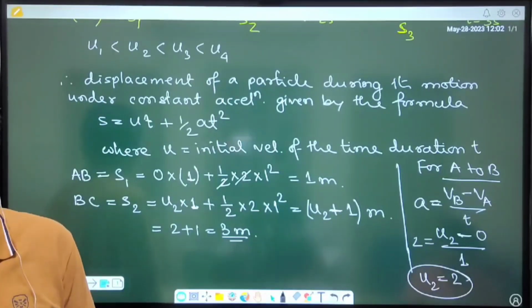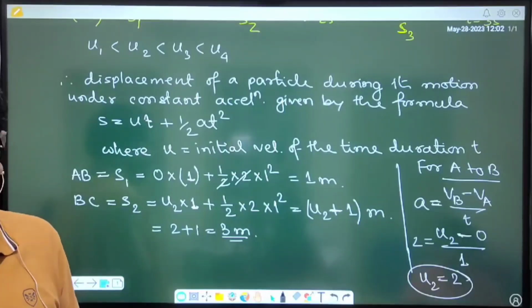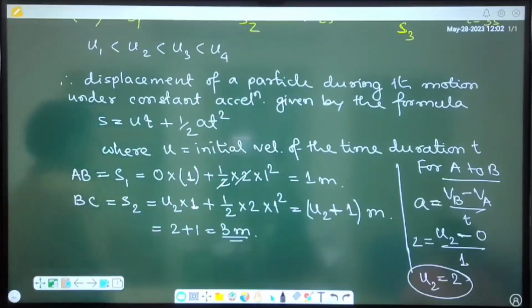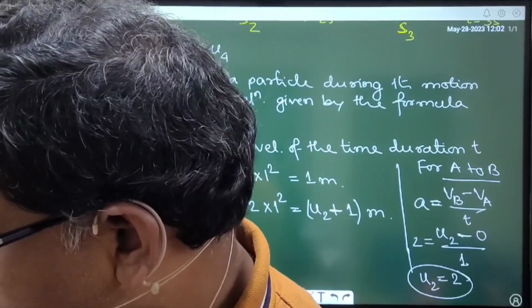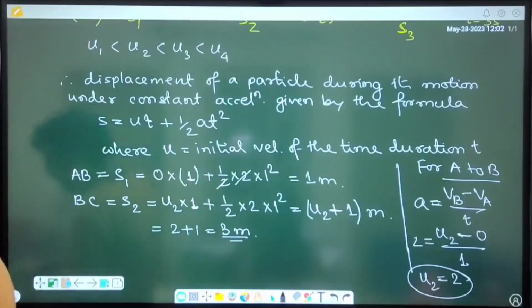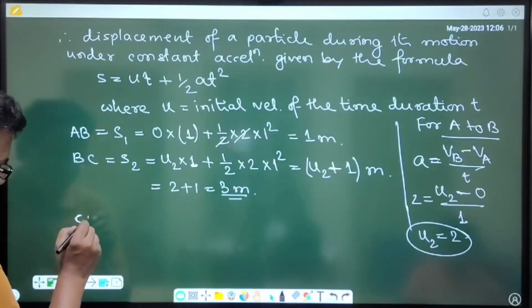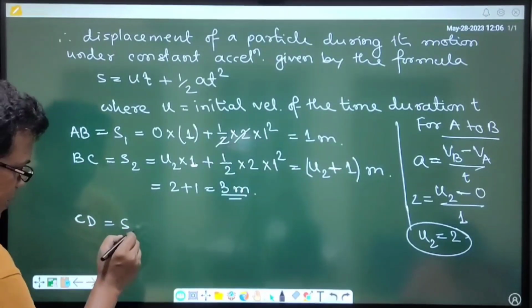Got the way of doing it? Now with this idea, can you calculate the displacement of the particle in the third 1 second, that is from C to D? Calculate the displacement of the particle in the third 1 second, that is from C to D. Displacement CD, which is S3.